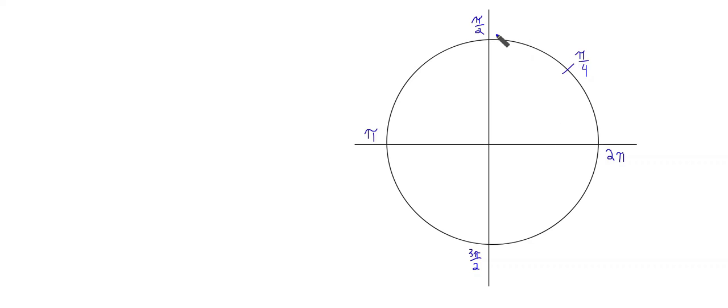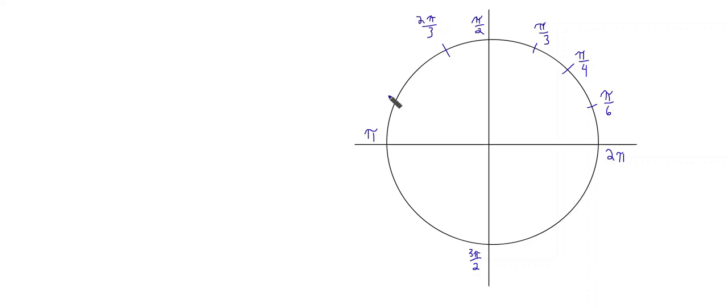30 degrees is a third of 90 degrees. So 30 is pi over 6. So 60 must be 2 pi over 6, which is pi over 3, pi thirds. And this pattern continues. 1 pi 6, 2 pi 6, 3 pi 6, 4 pi 6, which reduces to 2 pi thirds.